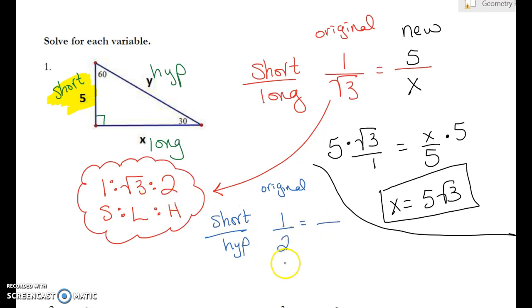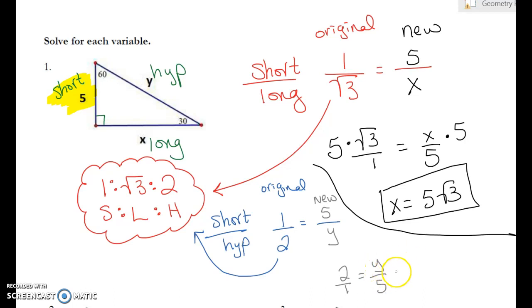And now I go to my new. My new short leg was 5, and my new hypotenuse was Y. And again, it's upside down. I probably could have switched them at the beginning, but I want to try and keep it uniform so you get used to it. So I'm going to flip these upside down.